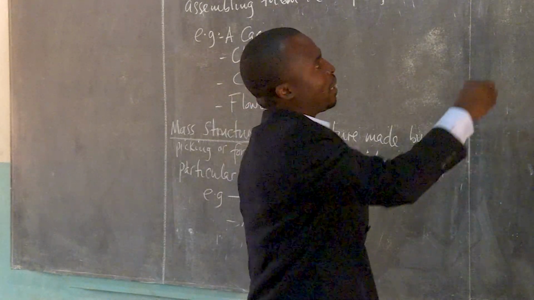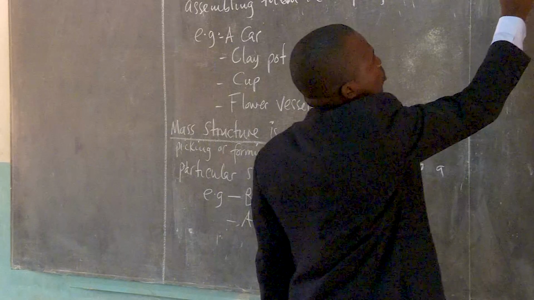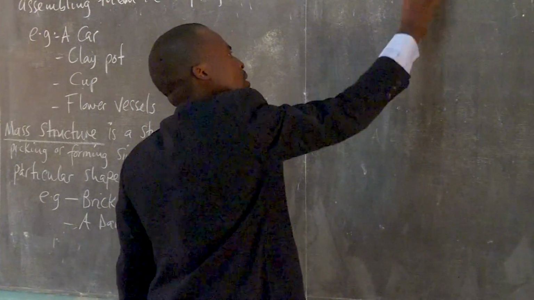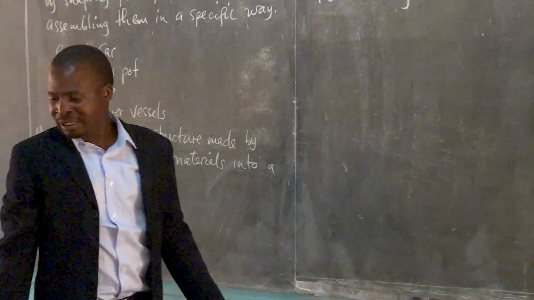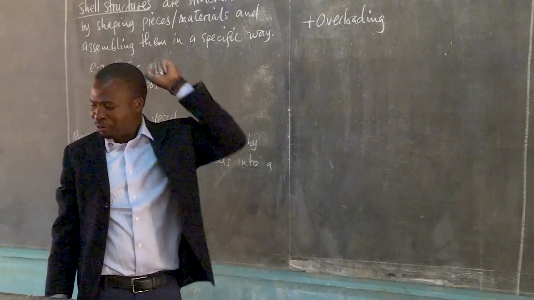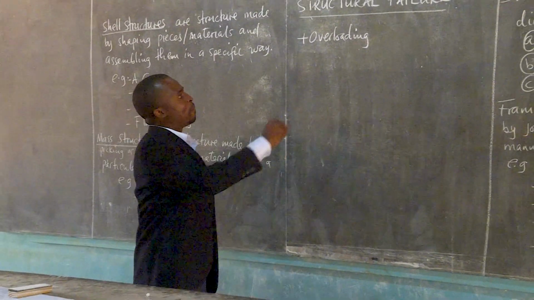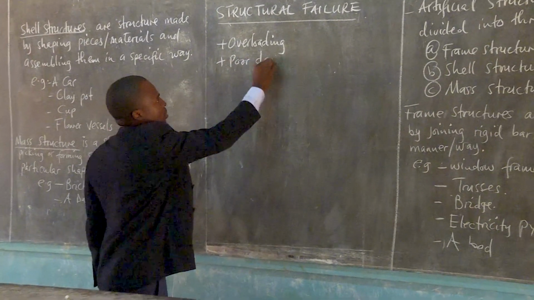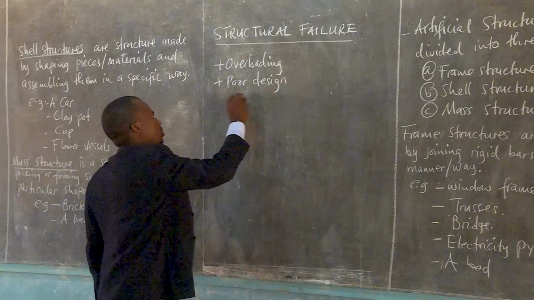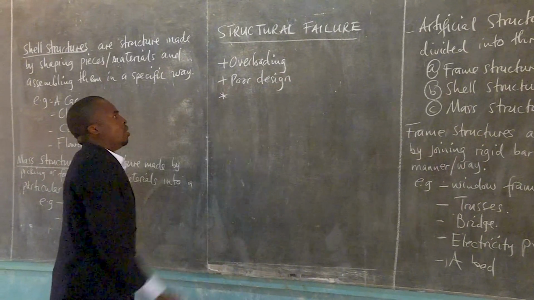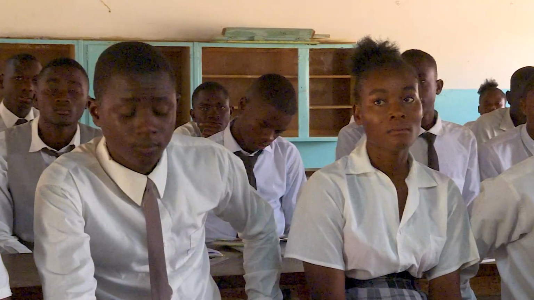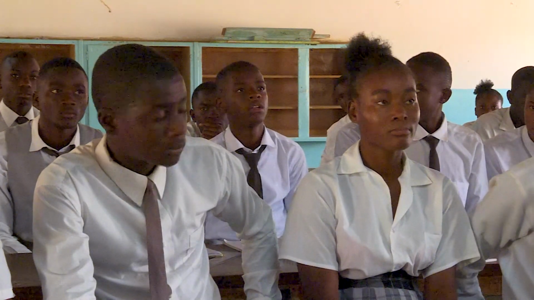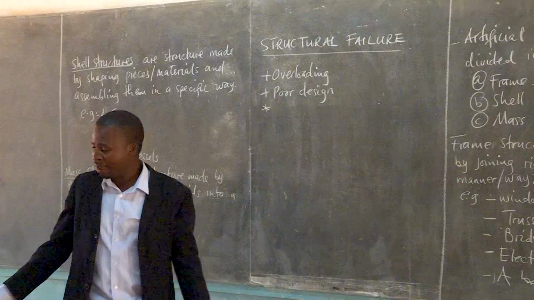A structure can fail due to overloading. A structure can also fail due to poor design. When a structure is designed in a certain way where it is not strong, then it can also fail.